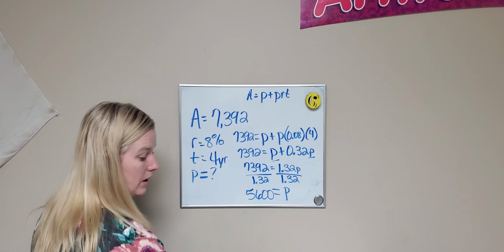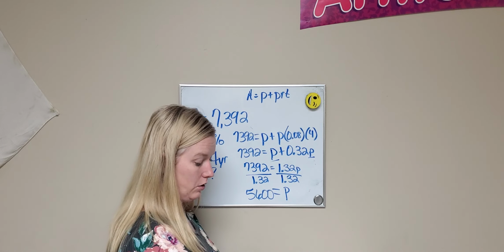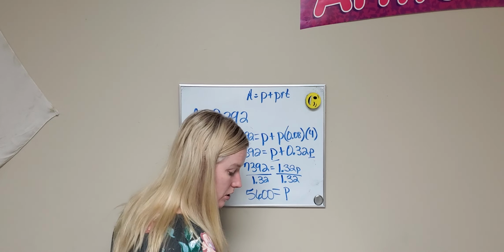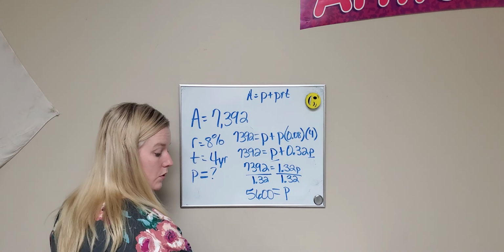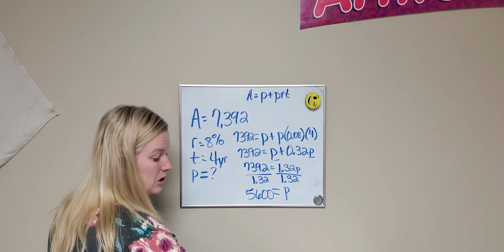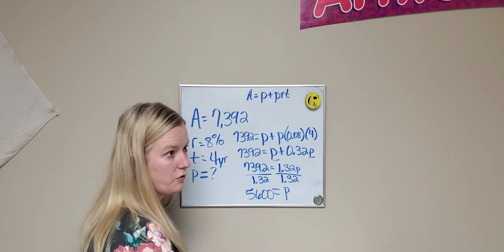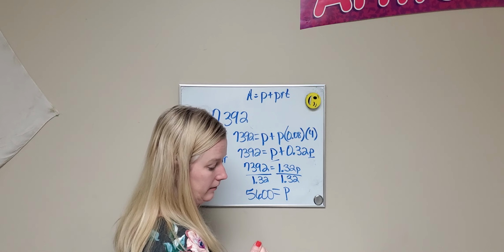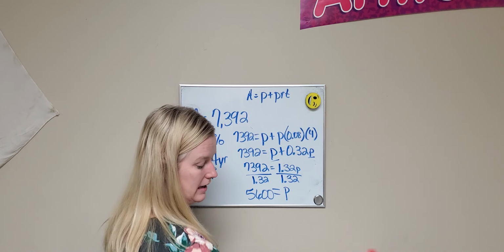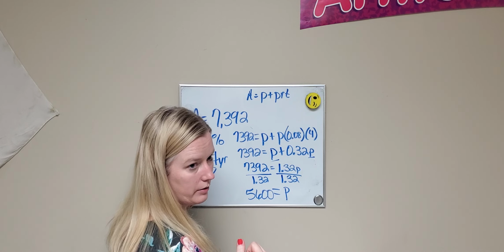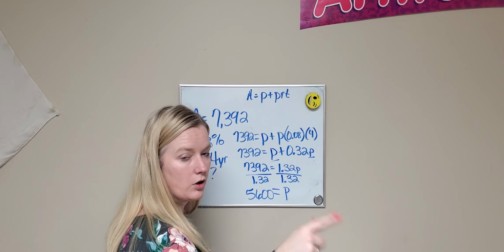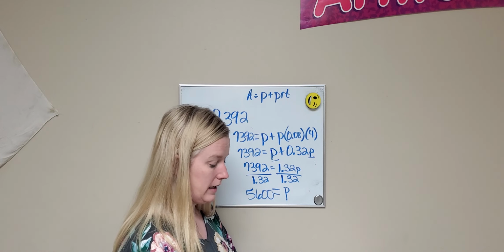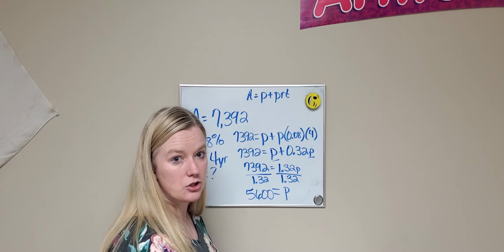Okay, so our little lesson on borrowing money that you don't have. So the question was, how much money did a farmer borrow? So the farmer went to the bank, borrowed money. Okay, I don't have money, I need it. Please let me borrow it. The bank said, sure enough, we're going to let you borrow it, but at an 8% interest rate.